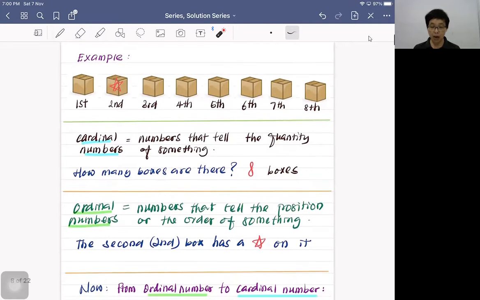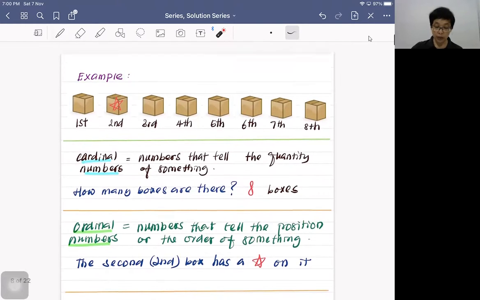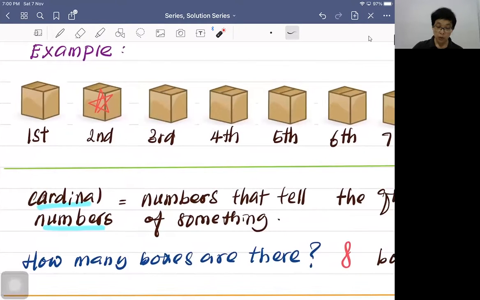And there is another type of number, we call them ordinal numbers. What are they? They are numbers that tell the position or the order of something. In other words, in this example, the second box has a star on it.